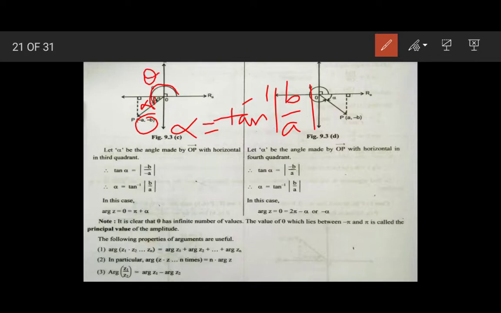I am interested in theta, so theta will be pi plus alpha, or 180 plus alpha.